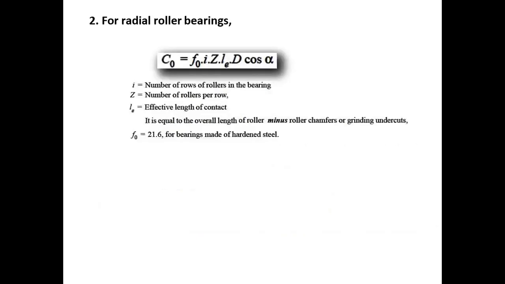For radial roller bearings, C0 is defined as f0 i Z Le D cos α, where Le is the effective length of contact and Z is the number of rollers per row, and f0 is equal to 21.6 for bearings made of hardened steel.